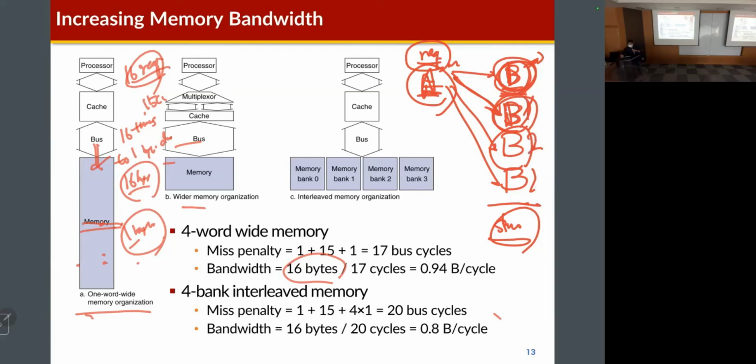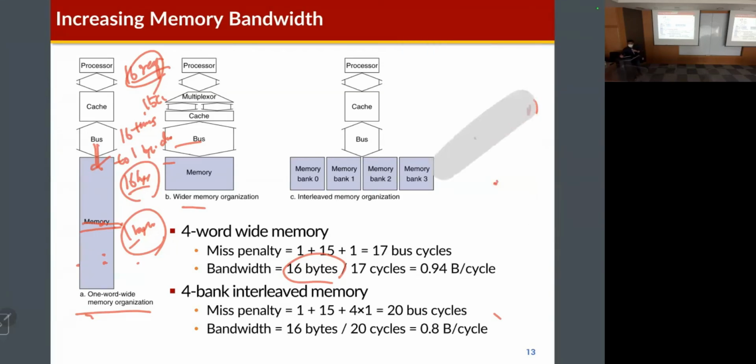And this concept can also be applied to the memory devices. So the processor is very fast, but memory is slow. So this is the processor, and this is the memory. Instead of using one memory, the memory can have multiple blocks.